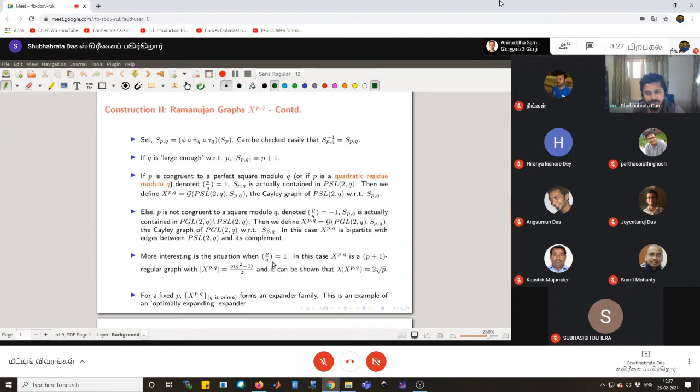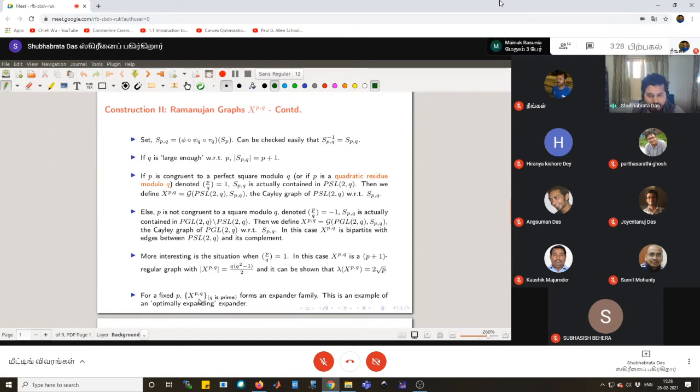So in this case where it is a perfect square modulo q, we take this (p+1)-regular graph, and by the construction itself, it can be shown that, with the choice of q that we made so that the set contains p+1 elements, the lambda, what they call the spectral gap, is at most 2 square root of p. If it's a (p+1)-regular graph, that's the maximum that we can have.